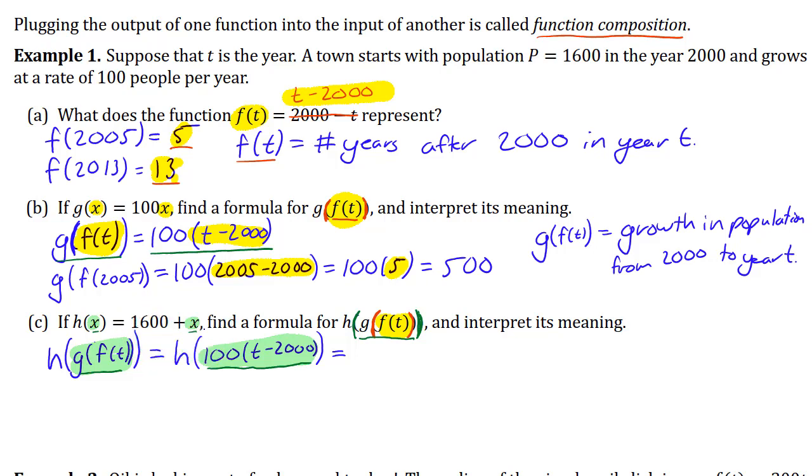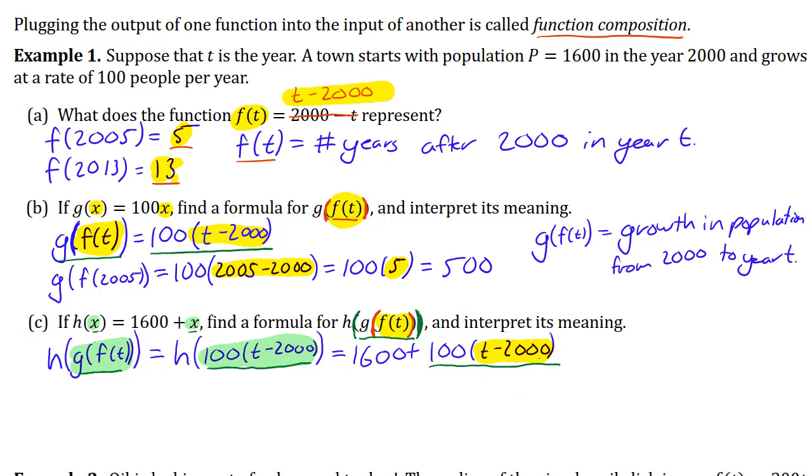So in this case here, this is going to be 1600 plus 100 times t minus 2000, like so. And so this is the formula for h of g of f of t. So here's the f of t part, here's the g of f of t part, and then when you do 1600 plus that, you have the whole shebang, h of g of f of t.